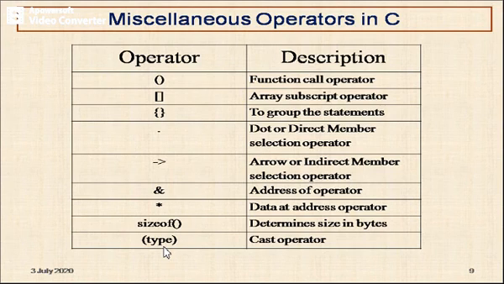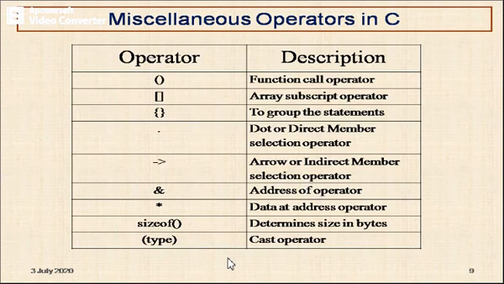Then the type operator, this is the cast operator. This will convert the data type from one to another. If you want to convert an integer to floating point or floating point to integer, we can go for this. For example, I have the floating point value, say 2.5.